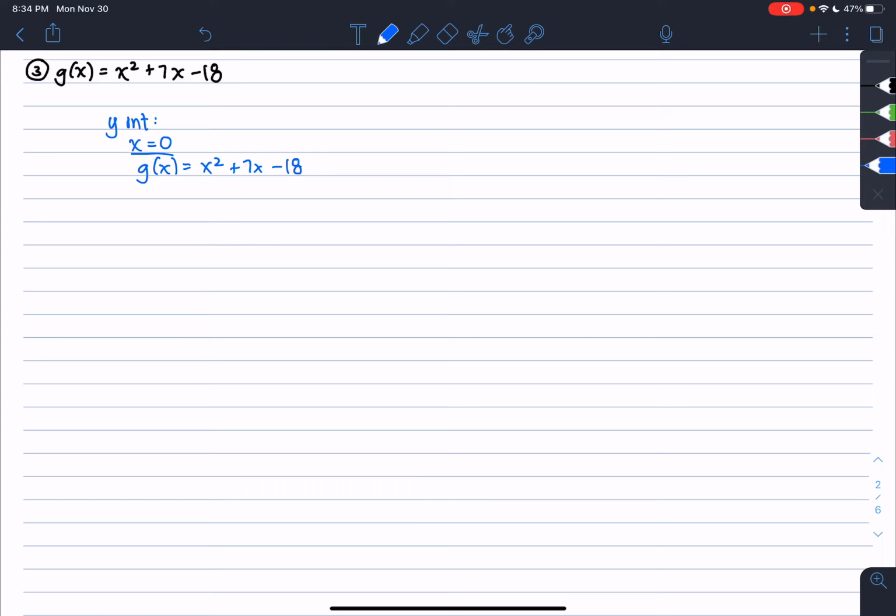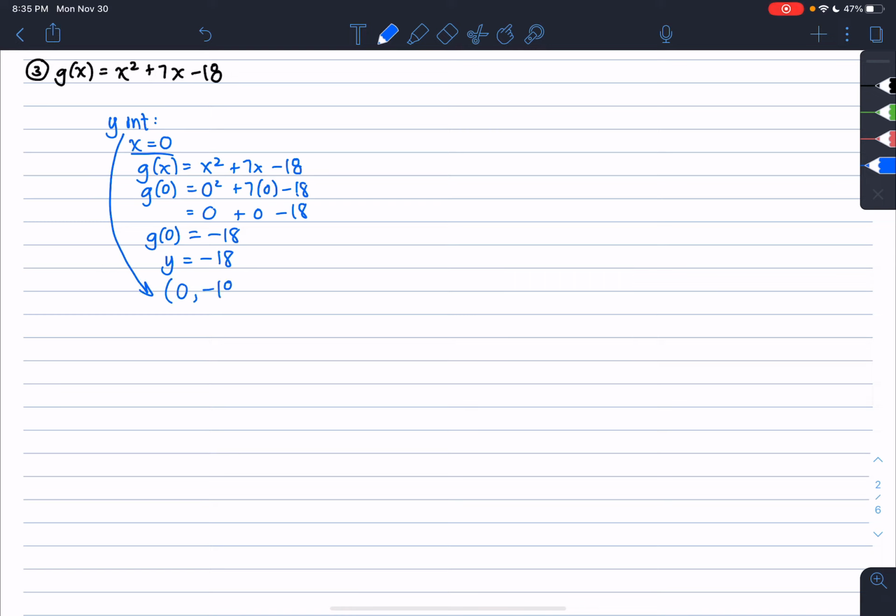When I plug in 0, I get 0 squared plus 7 times 0 minus 18, which means I get 0 plus 0 minus 18. So this tells me that our y-intercept occurs at negative 18, or when y is equal to negative 18, giving us the coordinates 0, comma, negative 18. Okay?